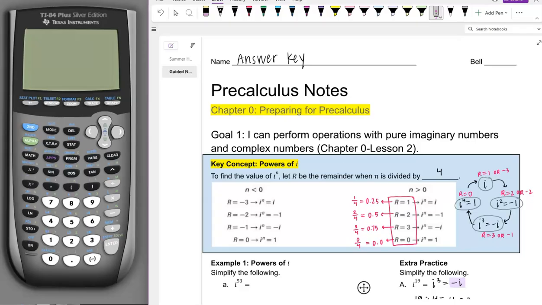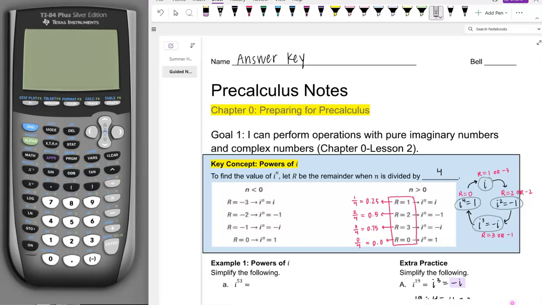Because, take for example, i to the fifth. 5 divided by 4 has a remainder of 1, so i to the fifth is the same as i to the first. You could do the same thing for each one. Remainder of 2 is i squared, remainder of 3 is i cubed, remainder of 4 isn't possible because if you're dividing 4 by 4, you get a remainder of 0. So remainder of 0 is i to the fourth.